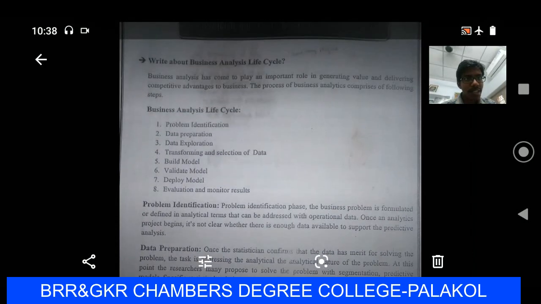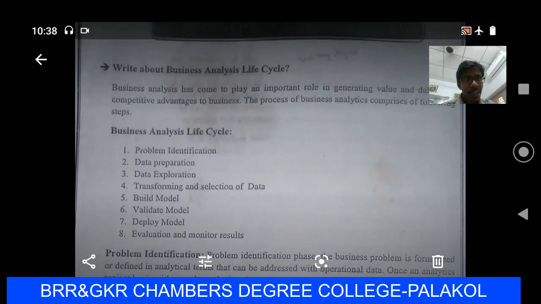In the analysis process, the total analysis can be observed by these 8 steps. These steps are called business analysis steps, and they can be followed in every business analysis life cycle.